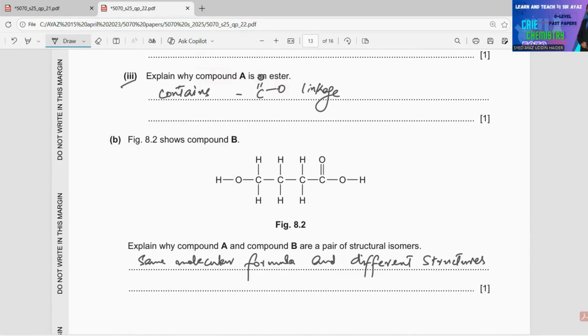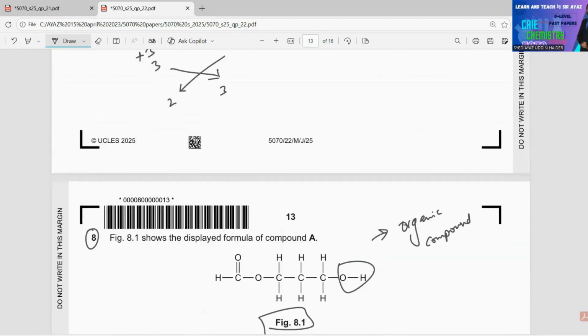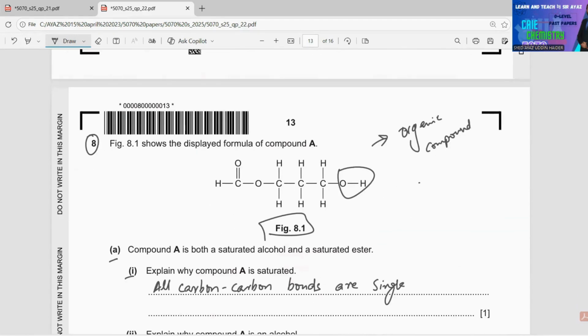Now let's see. Do these have the same molecular formula? How many carbons are there? 1, 2, 3, 4. 4 carbons for this one. What about hydrogen? 1, 2, 3, 4, 5, 6, 7, 8. H8. Oxygen. 1, 2, 3. O3. So this will be the formula for compound B, C4H8O3. Let's check compound A. How many carbons? 1, 2, 3.